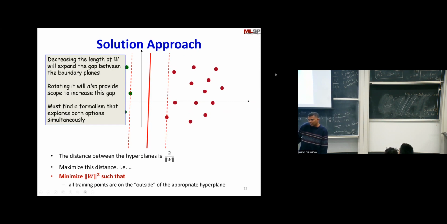I can just substitute these points into the equation for the boundary plane, and the result must be positive, correct? Because it is in the same direction as W. And what about these guys? Negative. I can just substitute them into the equation for the other boundary plane. The result must also be negative.